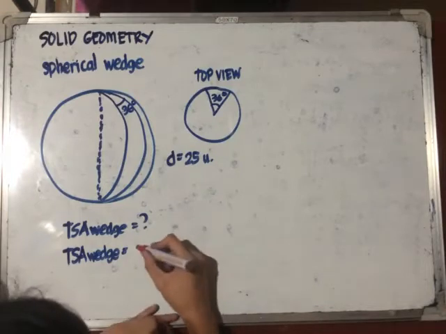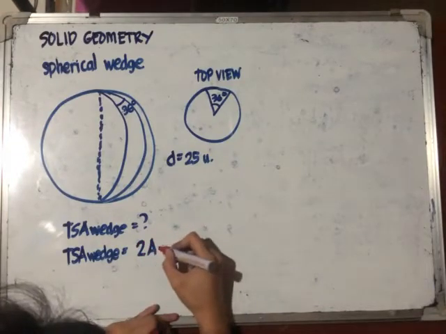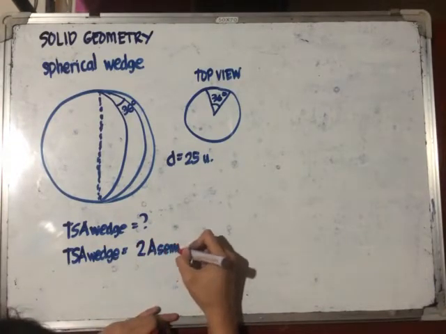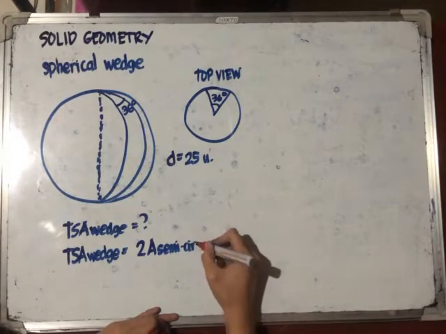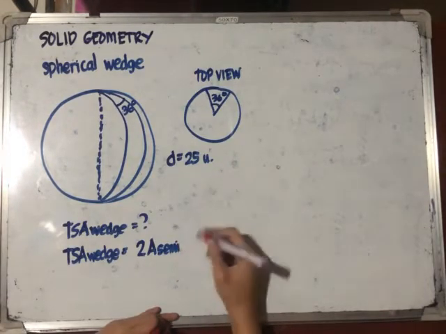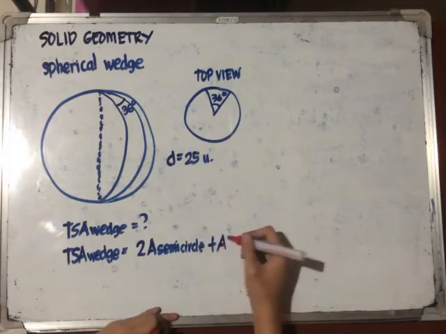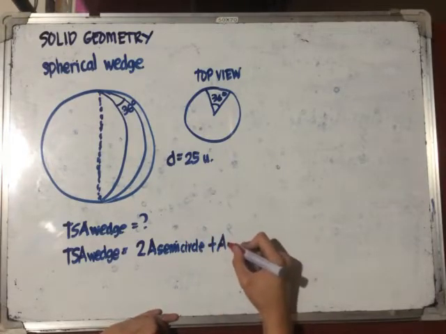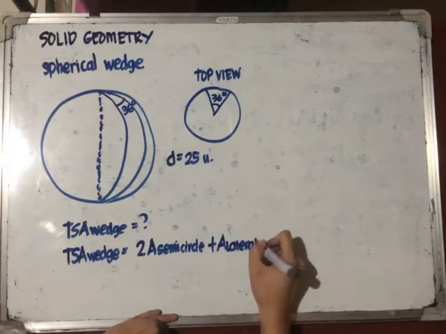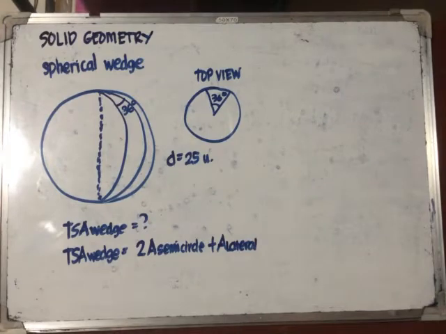Two semicircles, two areas of semicircles, plus the area of the lateral area. Okay, so how do we get the area of the semicircle?